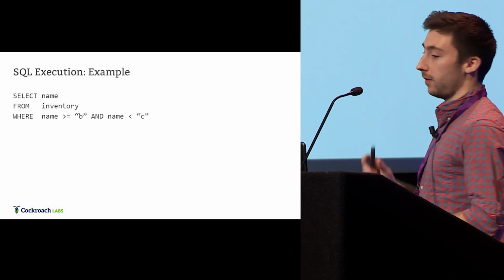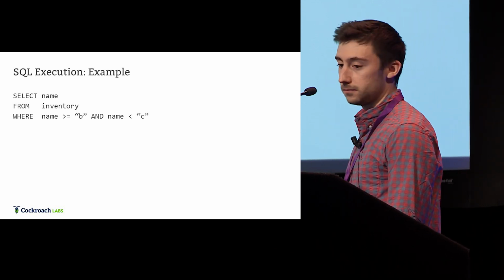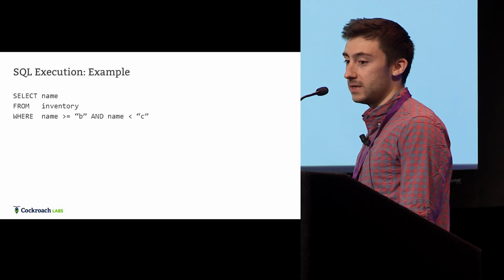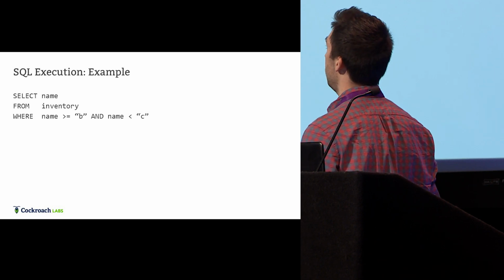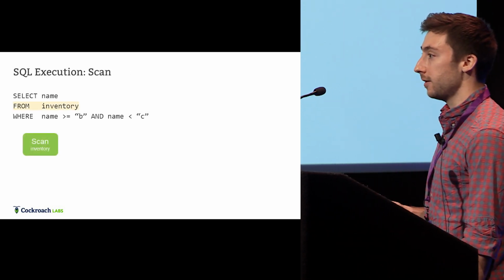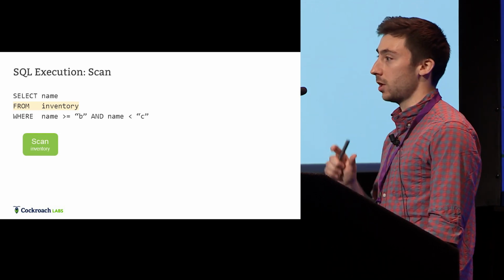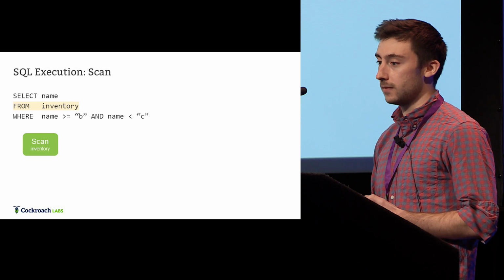So I'll give a brief example of how SQL query execution works with this statement here. Here you see we're reading from an inventory table and filtering on the name column. So what this looks like under the hood is that we start with the scan. We start with the source of the data.